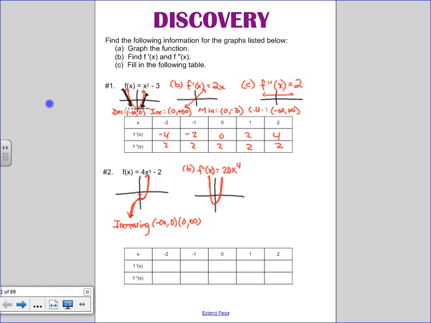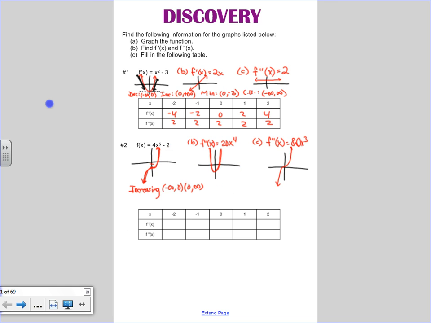Interesting. Let's do one more. What's my second derivative? 8x cubed. Which looks like another cubic, but centered at 0, 0, and really steep again. Actually, way more steep than he is, but that's the best I can do. You guys went ahead and plugged in values, right?